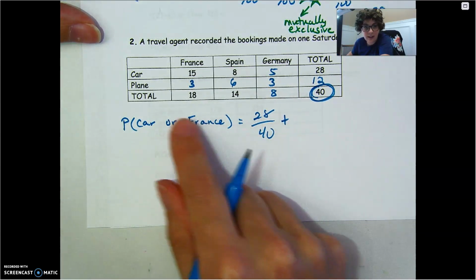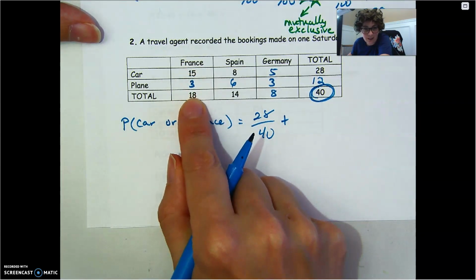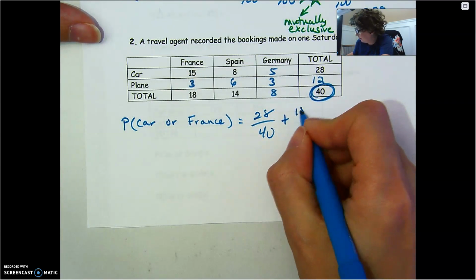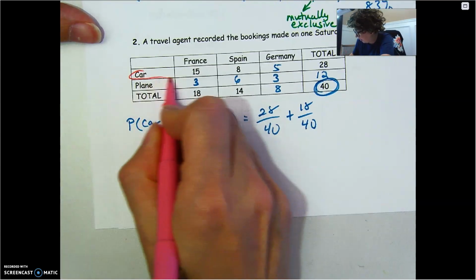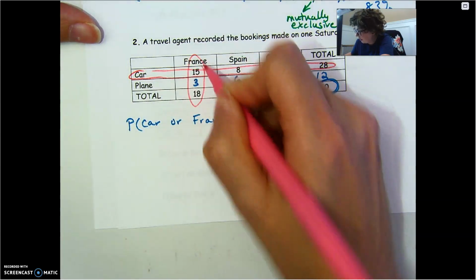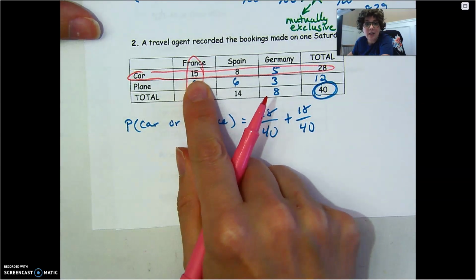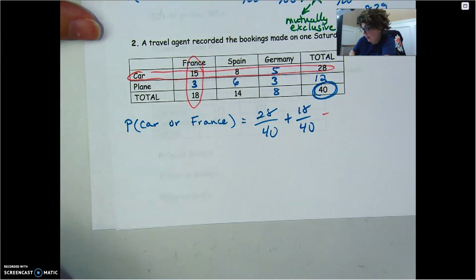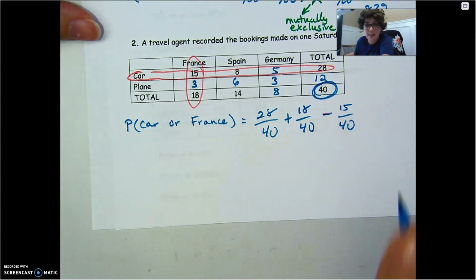Now we do France. How many people went to France or booked France? Looks like 18 people did. All right, so let me grab my pink marker here and circle it up. So if we were doing car or France, what number did I circle twice? Very good, 15. So 15 gets subtracted in the overlap, right? We've overcounted. These are overlapping events.